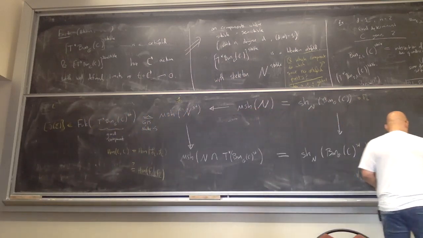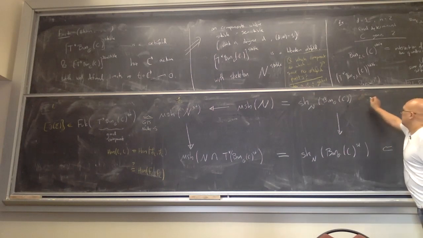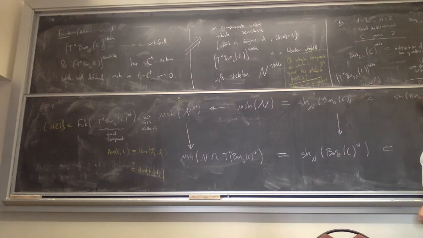The reason I don't know this is that this is contained inside all sheaves on Bun_G, and this is contained inside all sheaves on Bun_G stable, and this map is restriction.